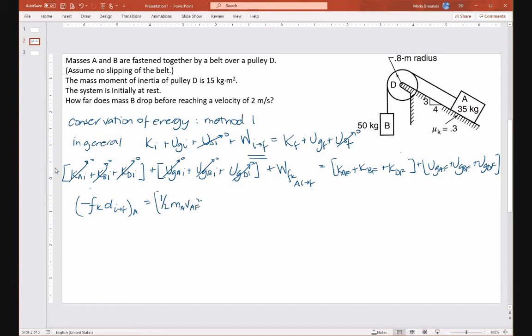The kinetic energy of block B is going to have the form 1/2 mB vBf squared. The kinetic energy of the pulley, well, the pulley is rotating, so it's not a linear form. It's going to be 1/2 I omega squared. So I for the pulley, P for the pulley, but since it's been labeled D, I'll use D.